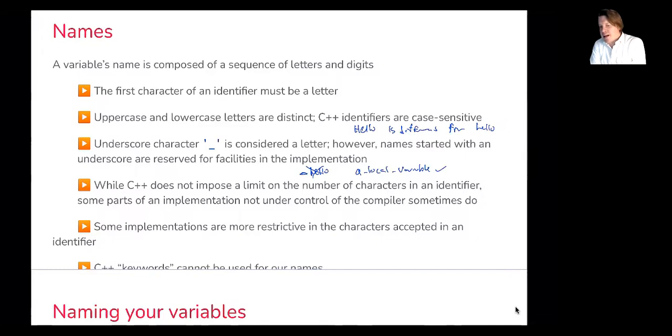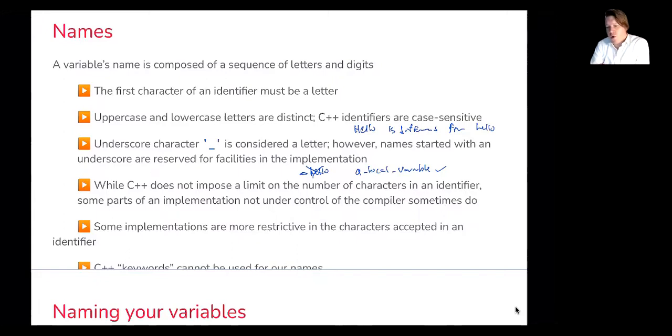While C++ does not impose a limit on the number of characters in an identifier, some parts of the implementation not under control of the compiler sometimes do. For all intents and purposes, use a reasonable length of name that describes what this variable is storing. You don't need to make it 100 characters long by any means. And if something needs that level of description, go ahead and write a comment that communicates what this variable is being used for.